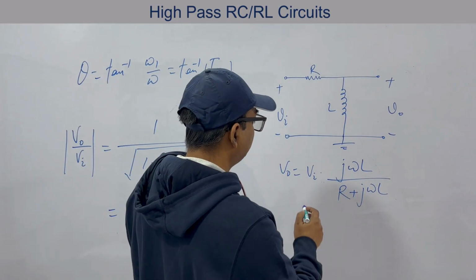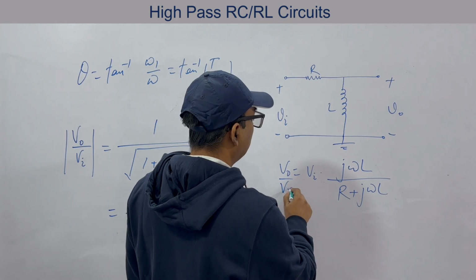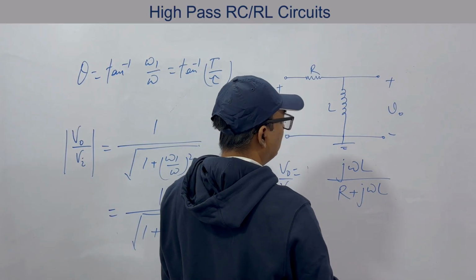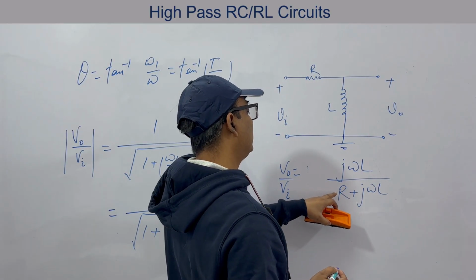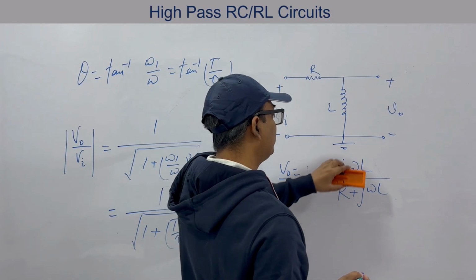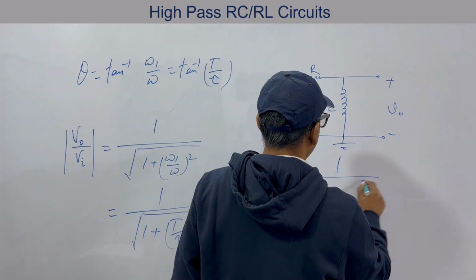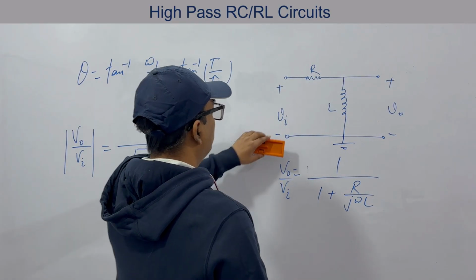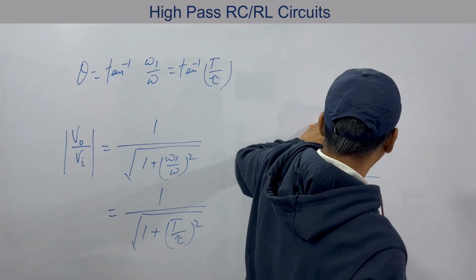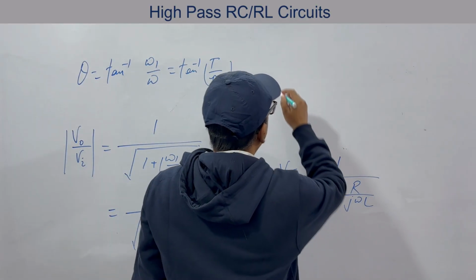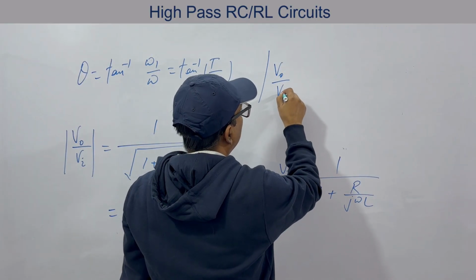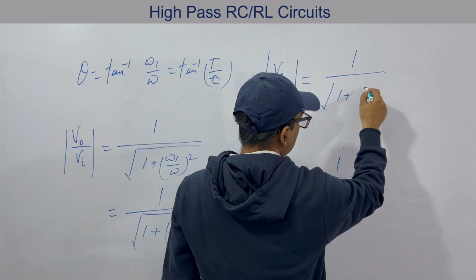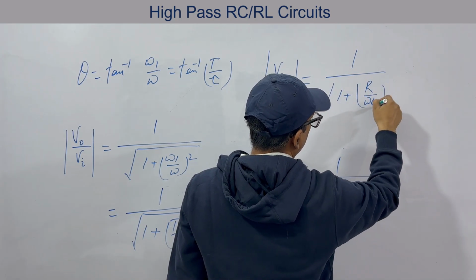What about this circuit? V output by V input is equal to this thing, or what we can do, we can take out j omega L. Then if you take j omega L out of this, you will have R by j omega L. So this will be 1 by 1 plus R by j omega L. Okay, now see, for RC you have written the expressions. So V output by V input, if we see the gain modulus, this will be equal to 1 by root over 1 plus R by omega L square.